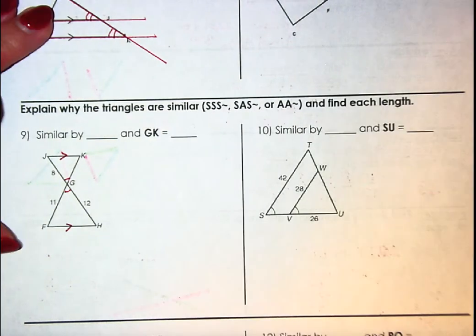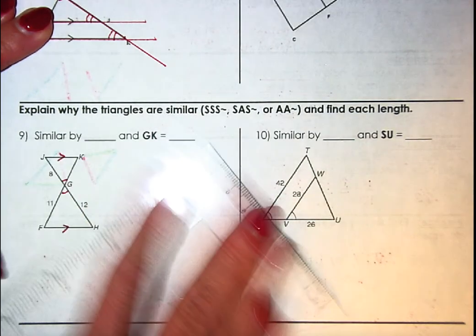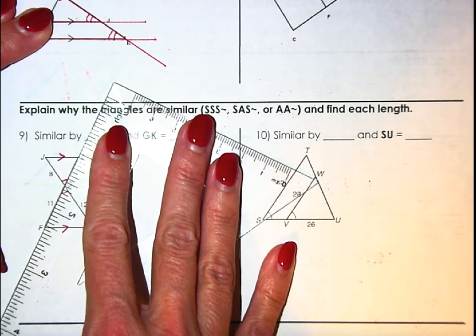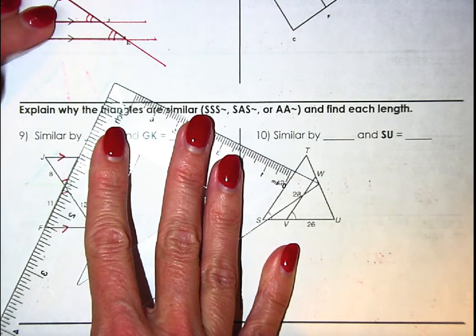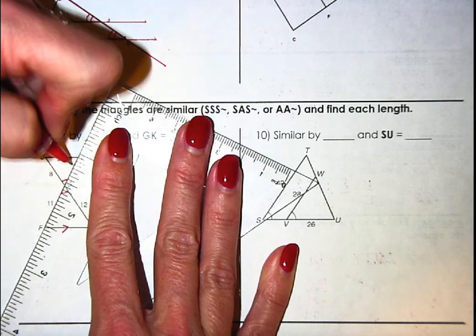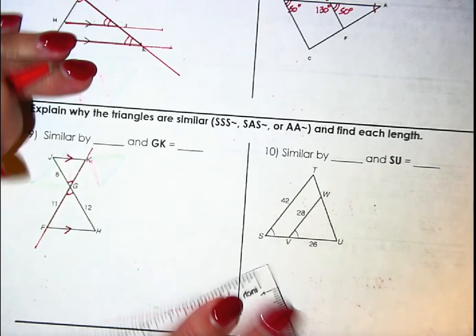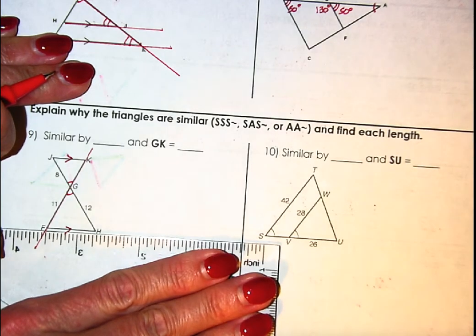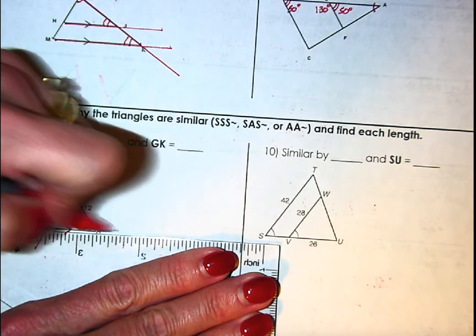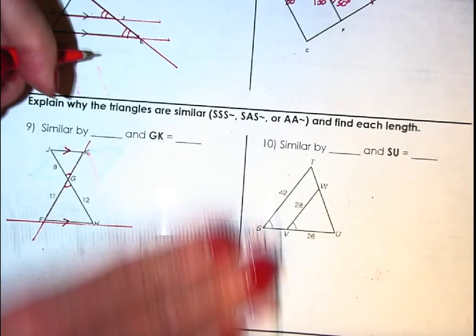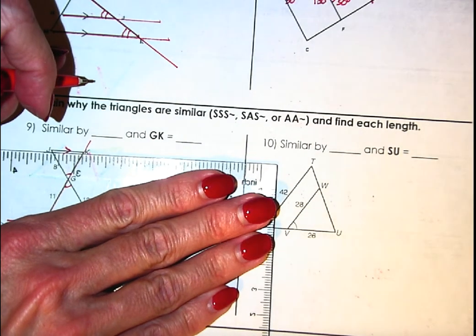Well, they're showing me that for a reason, so I'm going to extend this line so that you can see that it is a transversal to this line and that line right there.